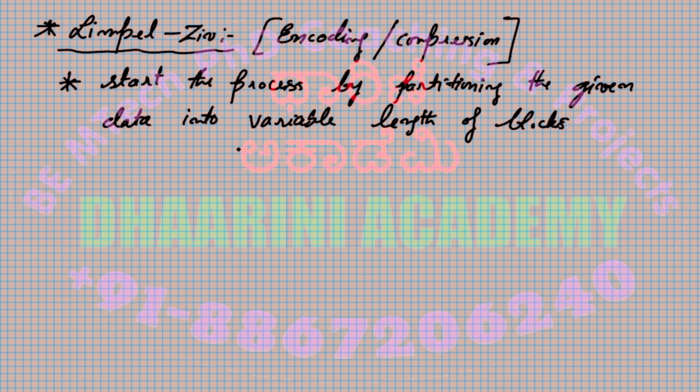There is a name for this. If you refer to some textbooks, they call this LZ parsing. You simply cut the given data according to some rule. The rule I'm going to mention in the next point.